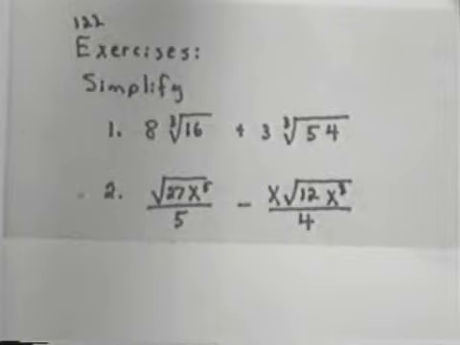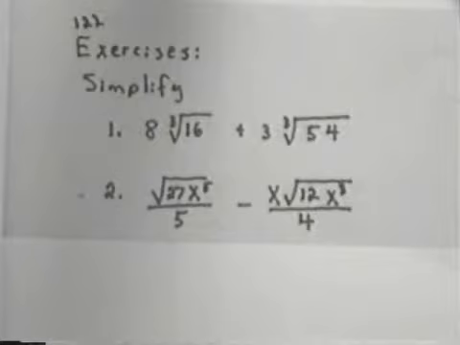The square root of 27x to the 5th divided by 5 minus x times the square root of 12x cubed divided by 4. Those exponents are hard to read because the ink kind of all blended together, so I'll read the two of them again.